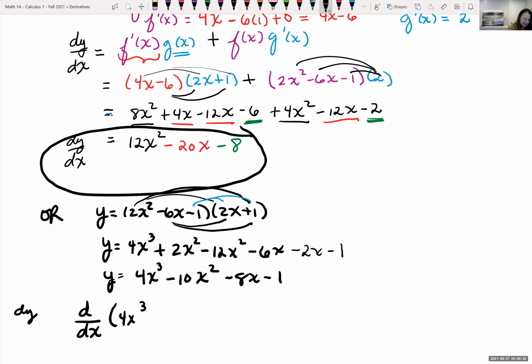So dy dx is equal to the derivative of what we just got. I'm just trying to get you used to the different notation.